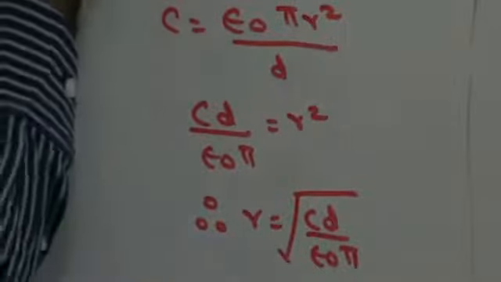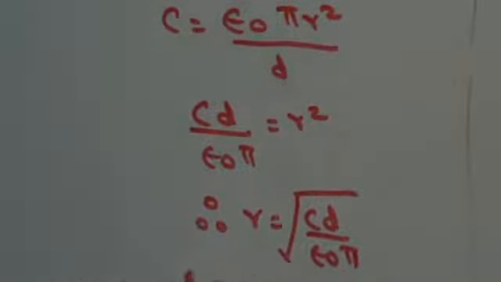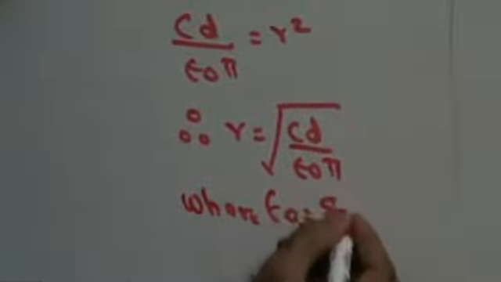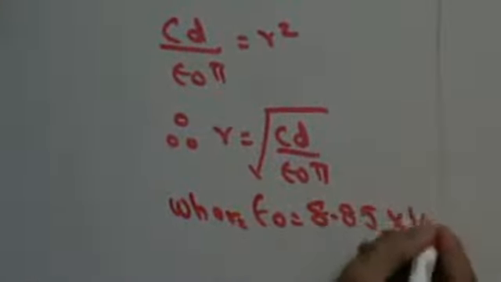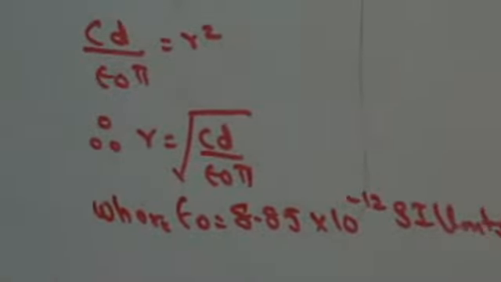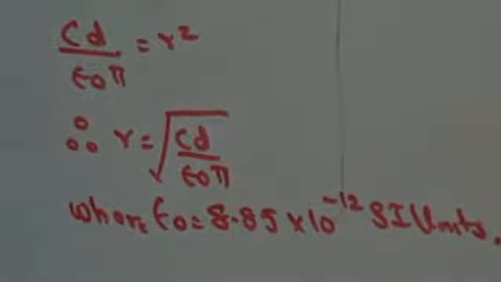You have C, you have d. Epsilon 0 we know is 8.85 into 10 raised to minus 12 SI units. Pi is given to you, you should be able to get the answer for this.